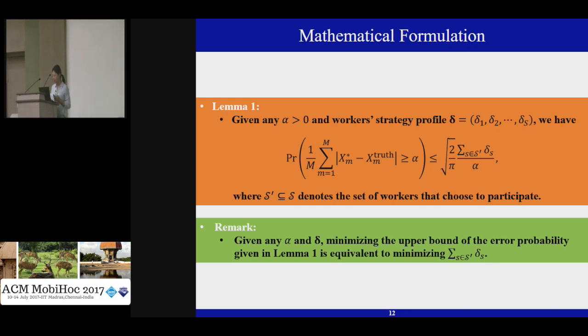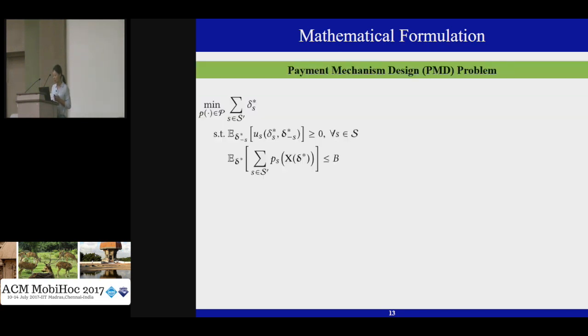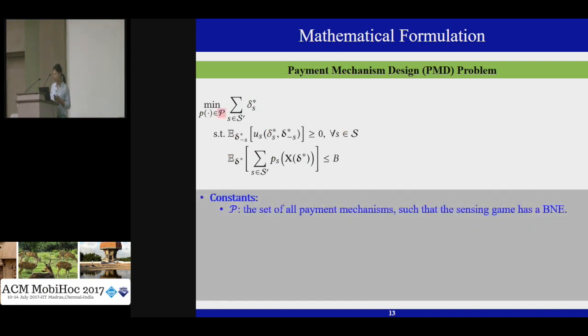Thus, minimizing the upper bound of the error probability given in Lemma 1 is equivalent to minimizing this sum. Thus, the payment mechanism design problem is formulated as this optimization program, where P denotes the set of all payment mechanisms such that the sensing game has a BNE. B represents the platform's budget, and S represents the set of workers.